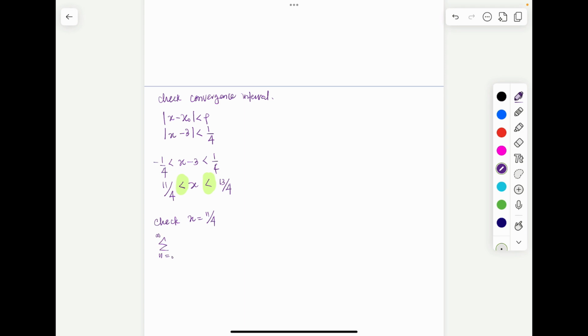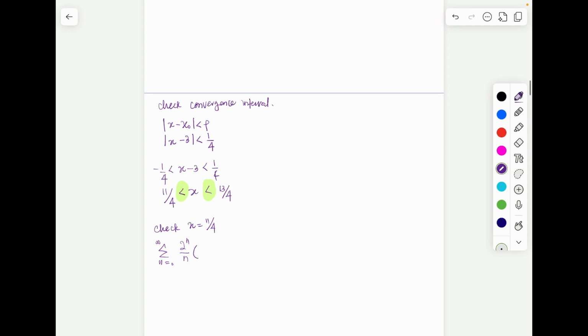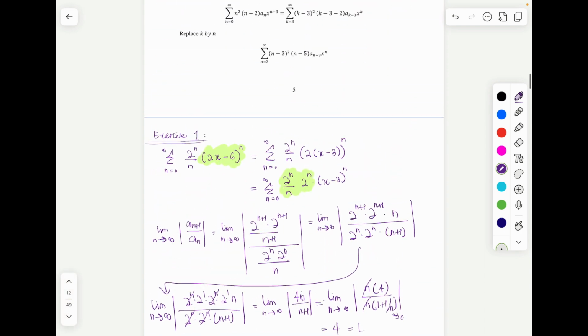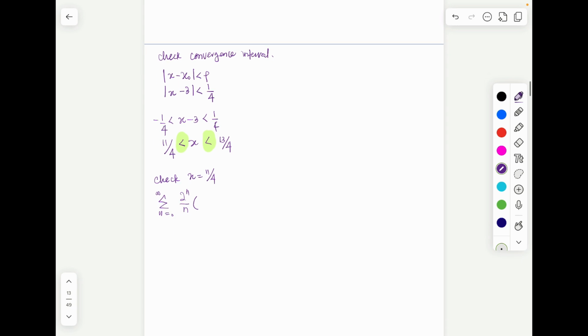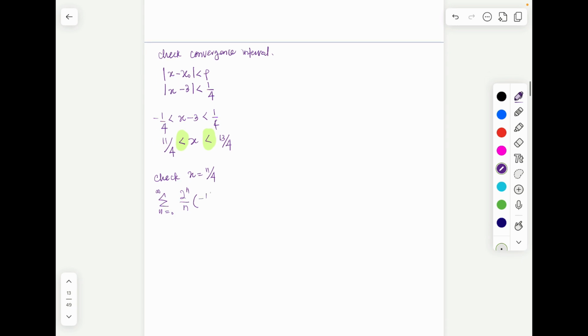We would get 2 to the power of n over n, and then for x, you plug in 11/4, so that part you would get (−1/2) to the power of n.